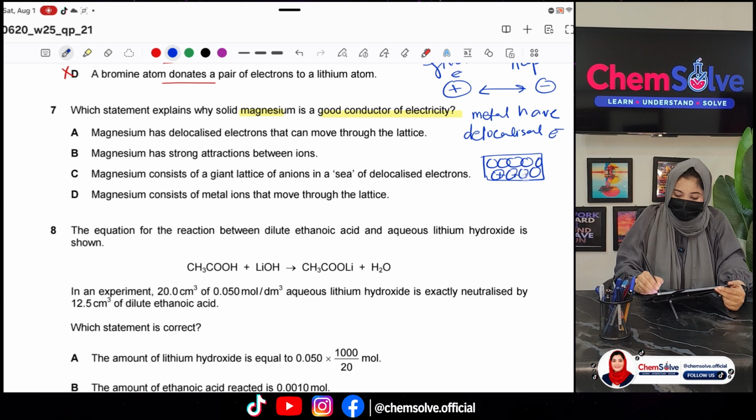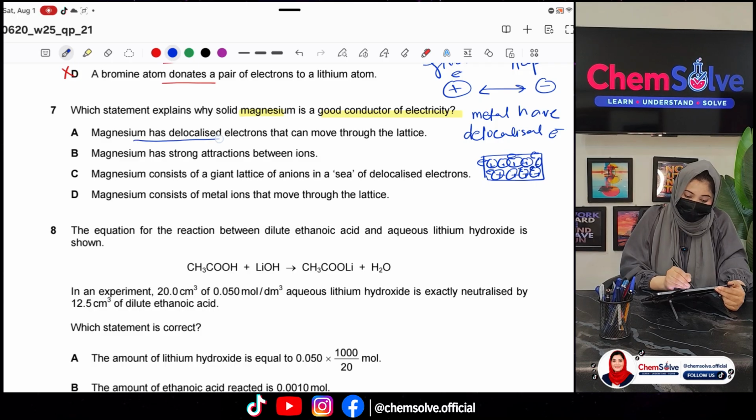They have positive ions and electrons are here. So metals have delocalized electrons. So we have to choose that option. Magnesium has delocalized electrons that can move through the lattice. Clearly this is the correct option.